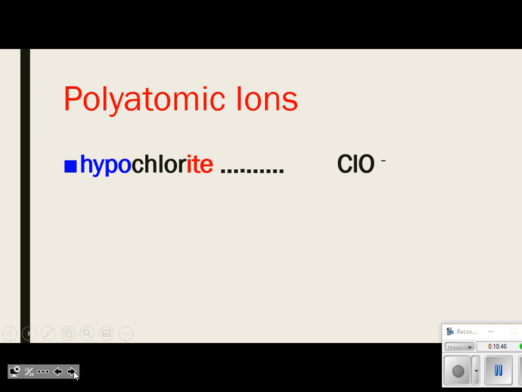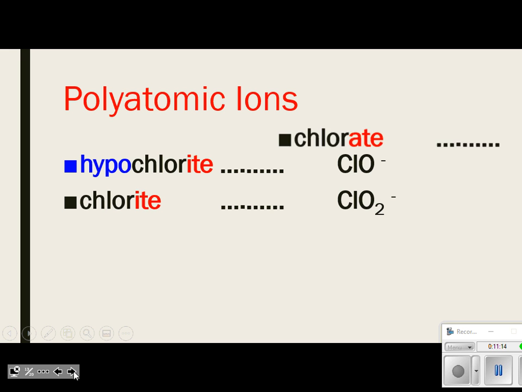Find chlorate, because all of these are going to be right in a row there. You will see chlorate. Right under chlorate is perchlorate. Right over chlorate is chlorite. Right over chlorite is hypochlorite. How do they differ? By one oxygen. So just remember those chlorites, and you remember everything.